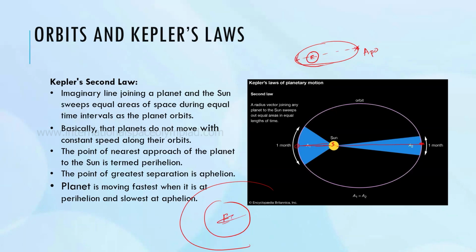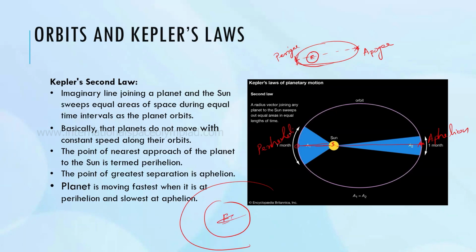Since Earth is at the center, we call it apogee, and this point is called perigee. In the case where the sun is at the center, we call it aphelion, and here it is perihelion, because the sun is known as Helios.